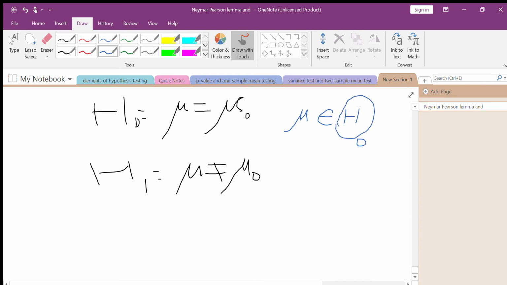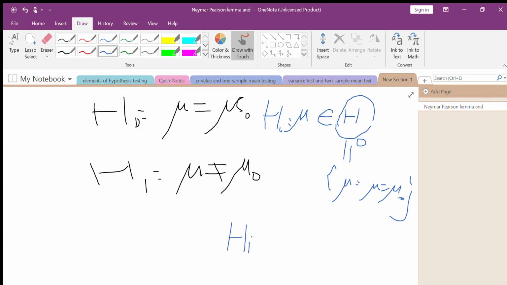In this specific case, the null space is just one value, which is mu0. So this parameter space is mu equals mu0, a single point on the real line, and this is H null.